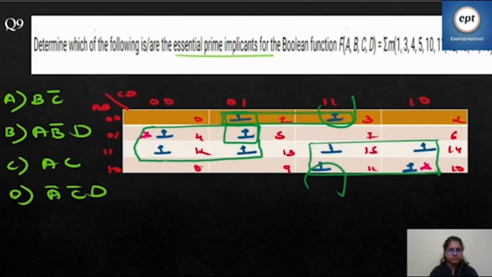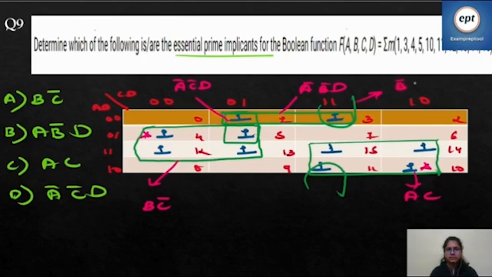So this group is B C bar. This vertical group is A bar, C bar, D. This group is A bar, B bar, D. And this is the group which is AC, and these two are the group which is B bar CD.